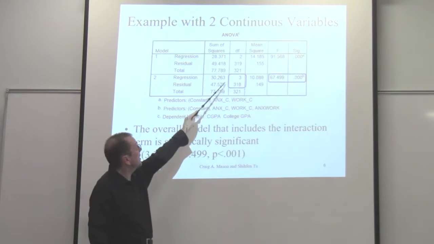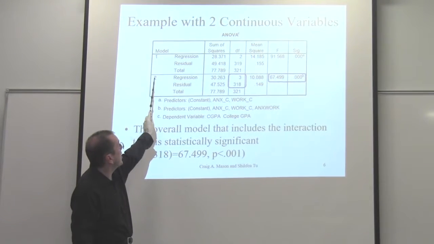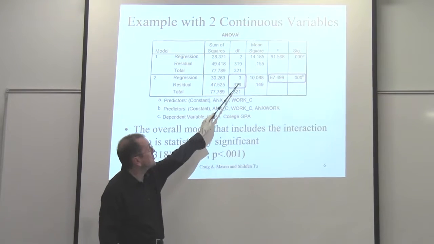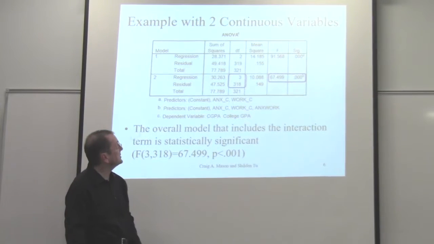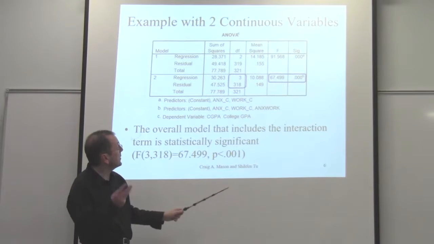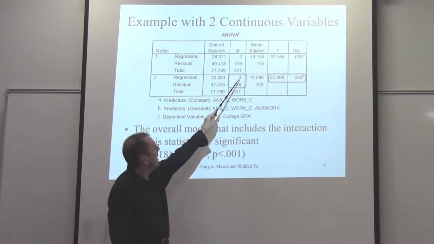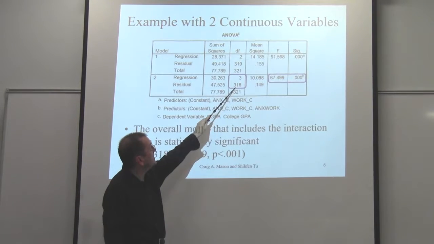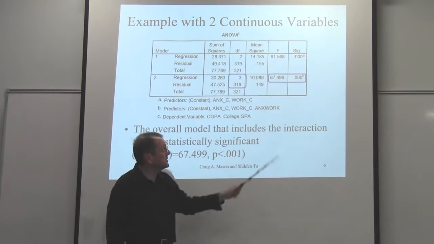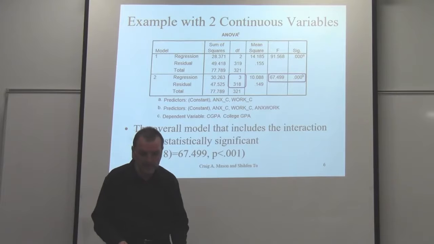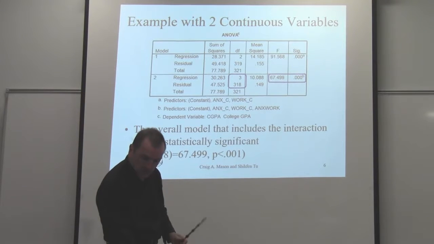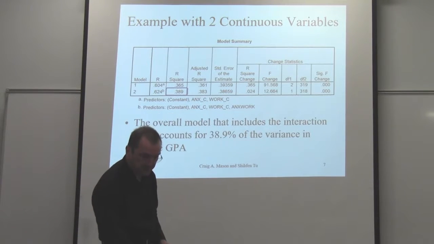If we look at our model number 2, where we've added the interaction, the overall model is statistically significant. We had 322 students, with 3 and 318 degrees of freedom, our F was 67.499, and p is less than 0.001, so the overall model is significant.